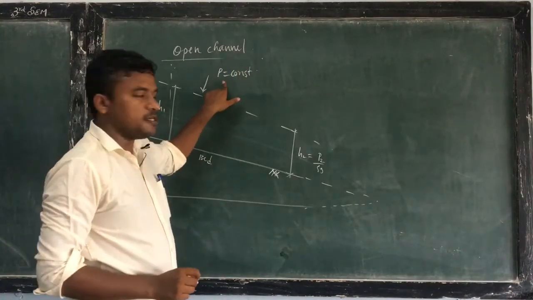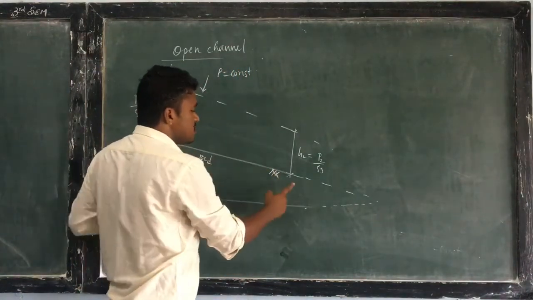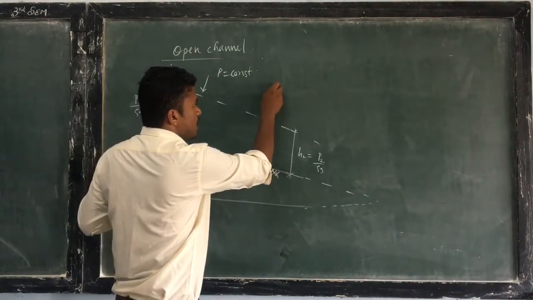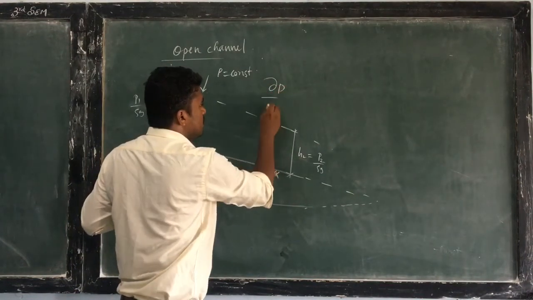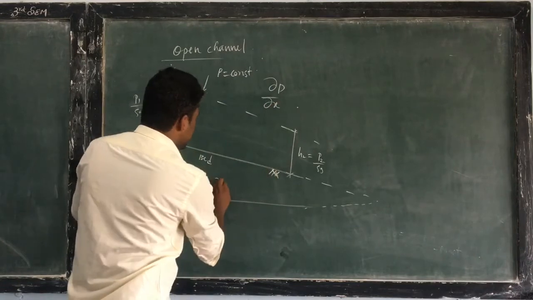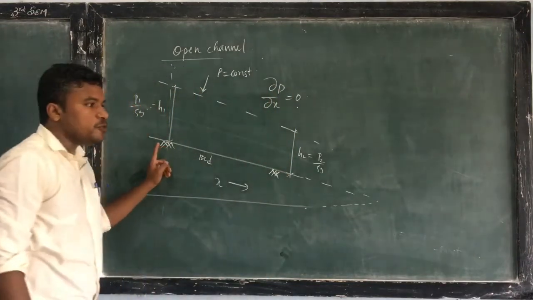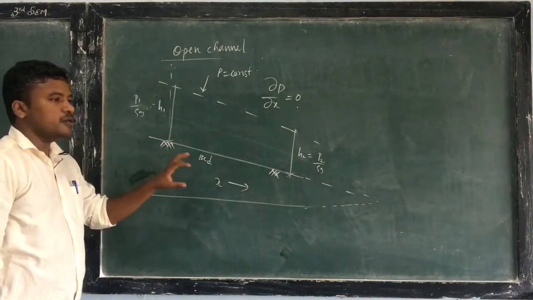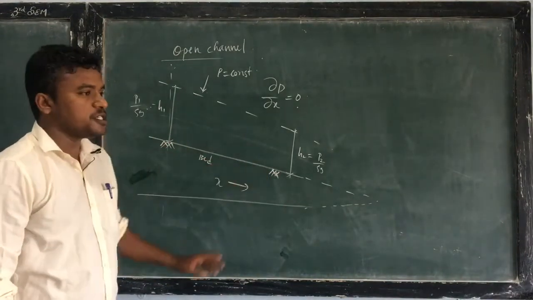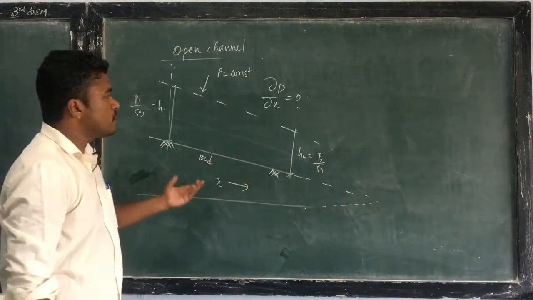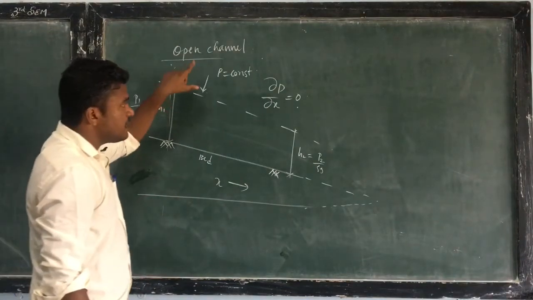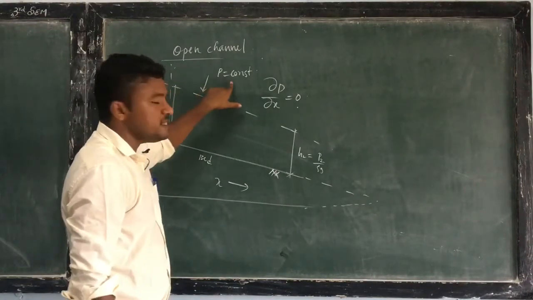That means there will be no pressure difference between these two sections. So I can again write dP by dx equal to 0. That indicates there will be no variation of pressure in its flow; the acting pressure is constant.